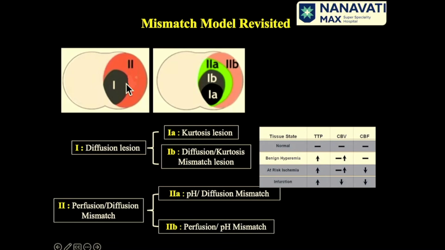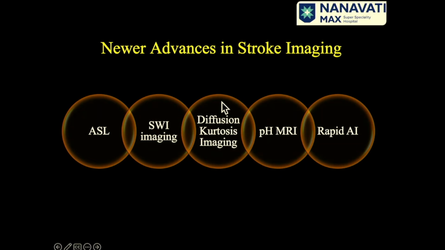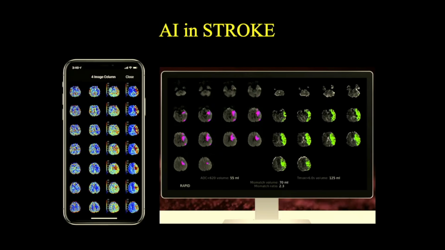We currently divide diffusion and perfusion abnormality in zone 1 and 2. This can be further divided into kurtosis lesion, which is actually going to become a scar, diffusion kurtosis mismatch, then you have ischemic penumbra, and this is an area of oligemia.